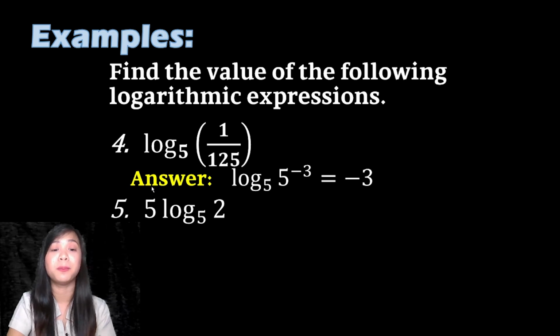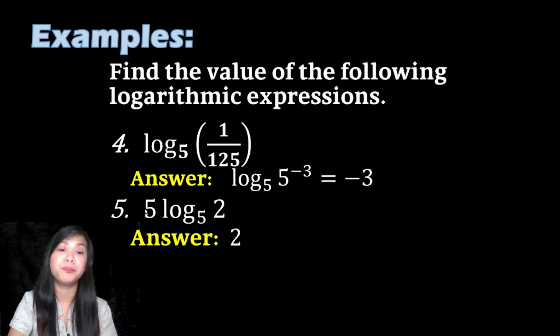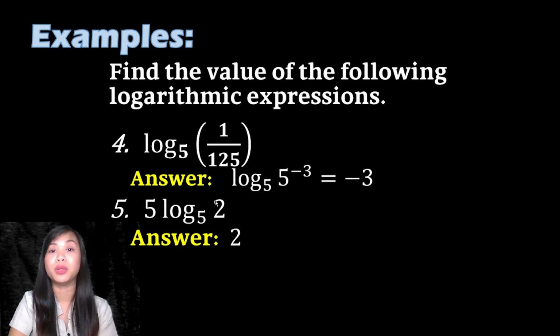Fifth example, we have 5 raised to log base 5 of 2. The value here will be equal to 2. How? When we have the same value as the base of the log raised to the log, then the value inside the log will remain.